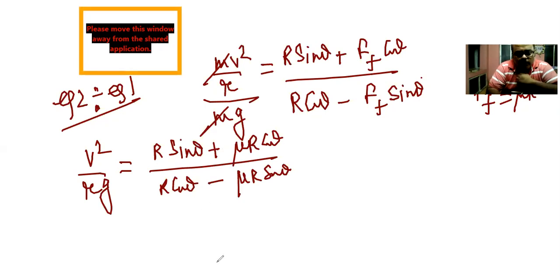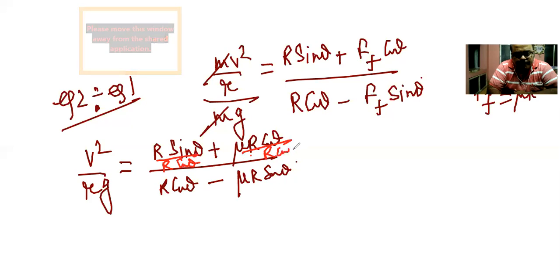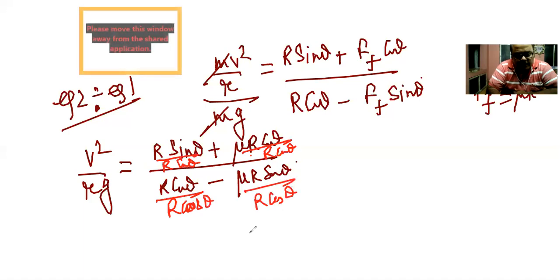So what I will do now is divide the numerator and denominator by R cos theta. So what shall I get? R and R get cancelled. Over here also, R cos theta gets cancelled. So what you are getting?